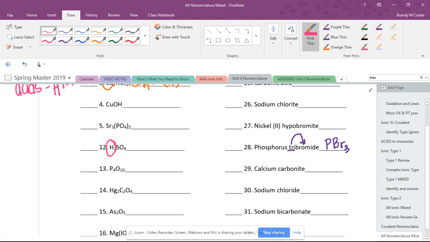And so I know that H2SO4 is sulfuric acid. If you don't have those memorized, then you are walking into the exam saying, okay, self, I'm okay with getting 6 questions wrong out of 50. And if you're okay with that, then that's great. But if not, then you should study them. And it's as simple as that, sulfuric acid. Okay.